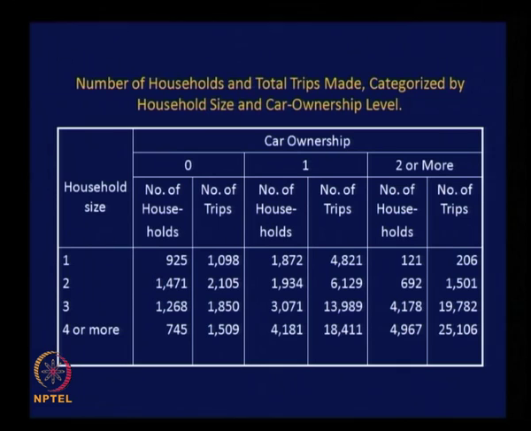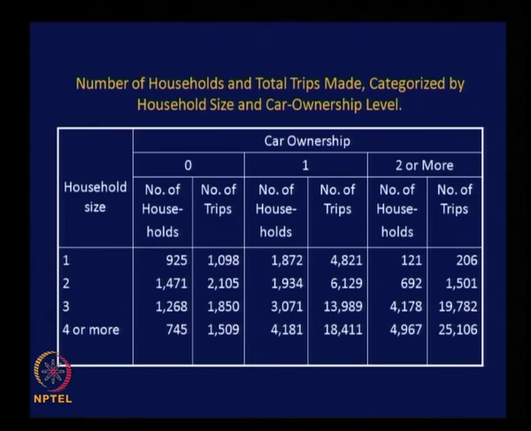Number of households of that category, the numbers are given here. You can assume that this pertains to the whole of the urban area. Even though numbers look small compared to Indian scale, these numbers represent the whole of the urban area, either a town or city, right.